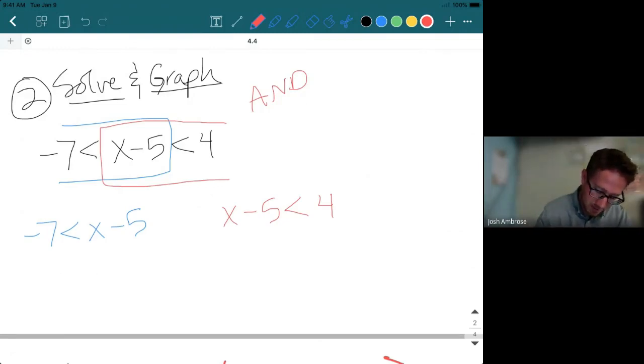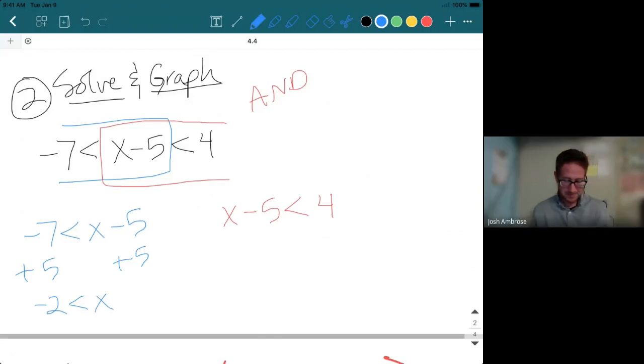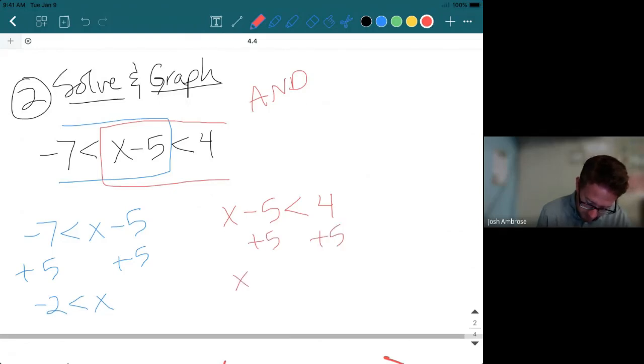All right, so let's go back to our blue color here. We now will be adding 5 to both sides. So that's going to be a -2. All right. Now let's do our red color here. We're going to add 5 to this one, and that's going to be x less than 9.